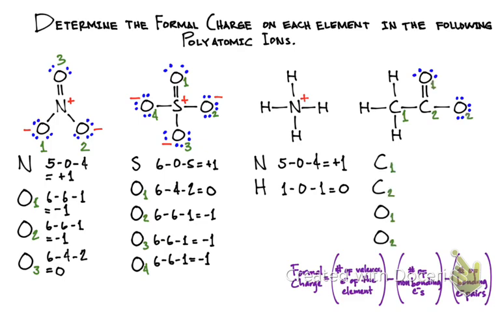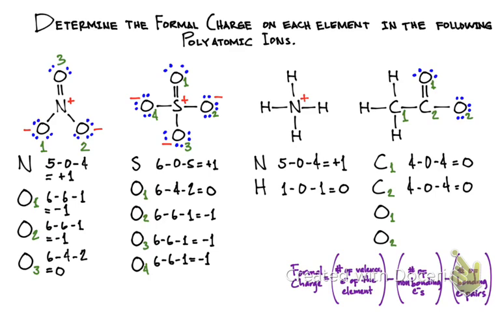All right, now let's look at the structure on the right. Looking at the first carbon here, carbon has 4 valence electrons minus 0 non-bonding minus 4 bonding pairs, gives it a 0 formal charge. Second carbon here, same thing, right? It has 4 valence electrons minus 0 non-bonding minus 1, 2, 3, 4 bonding pairs, so that's 0 charge.